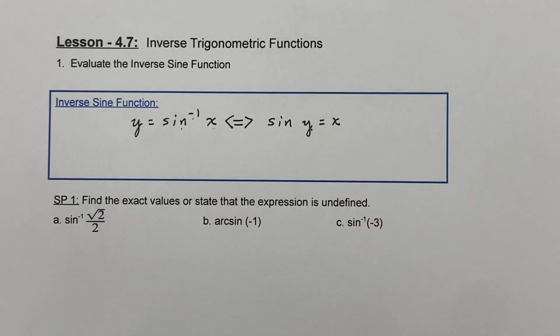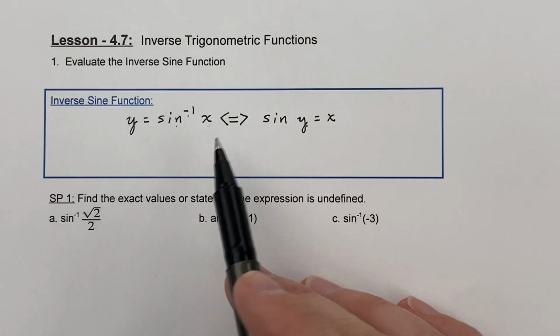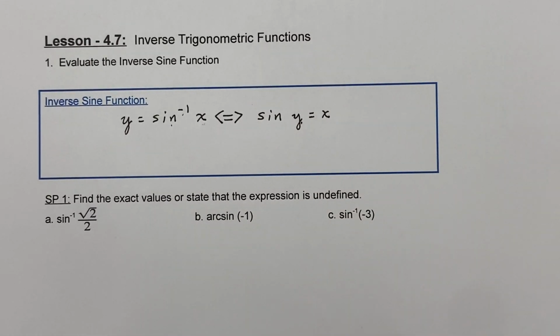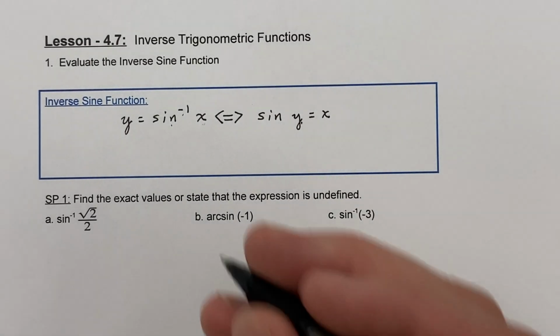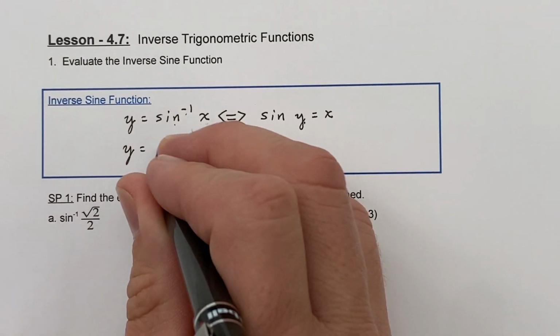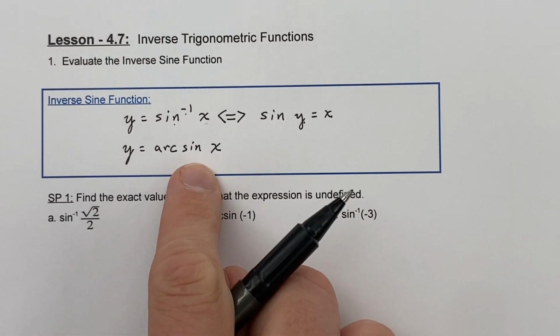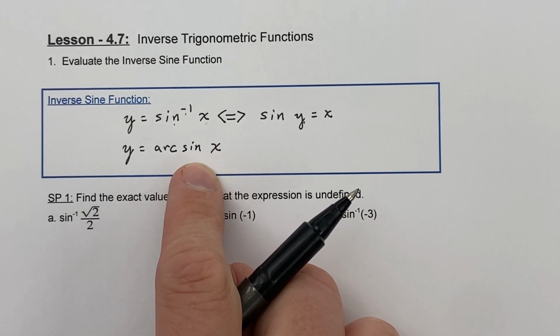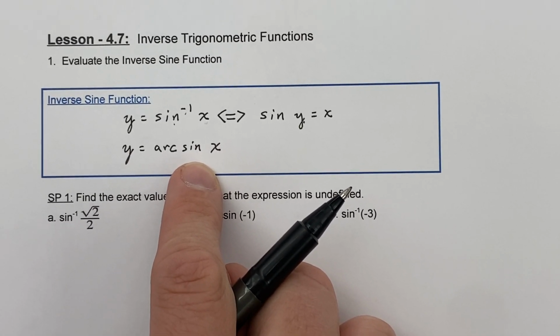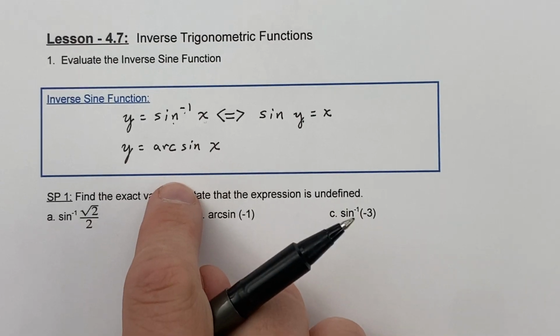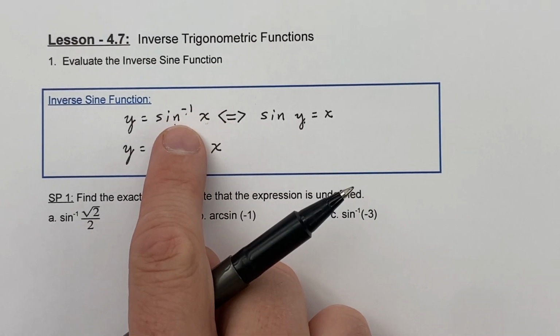Because again, the inverse of addition is subtraction, the inverse of multiplication is division. Well, what's the inverse of a trig function? It's the inverse trig function, and that's why they named it as so. They're also going to use this term arc sine, or arc cosine, arc tangent, arc whatever trig function you're working with. The arc is just another way of saying inverse.